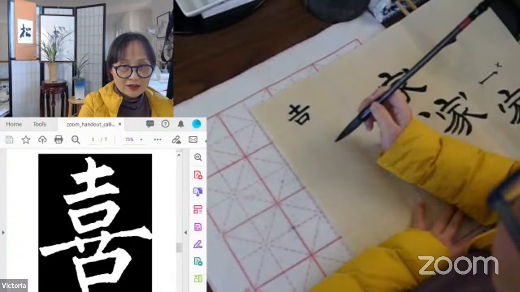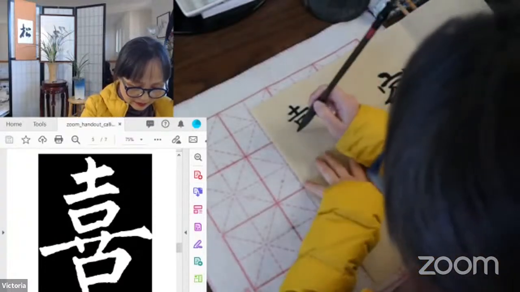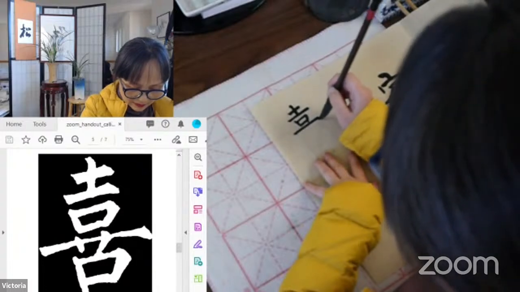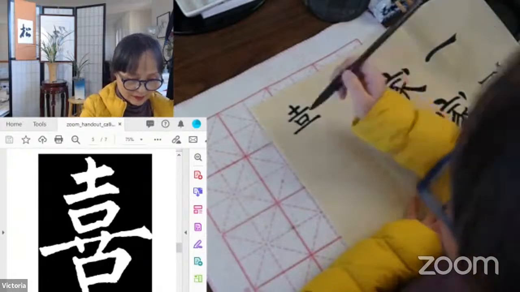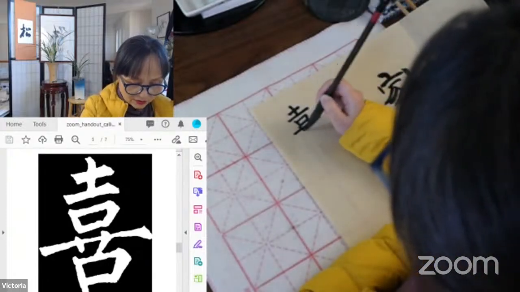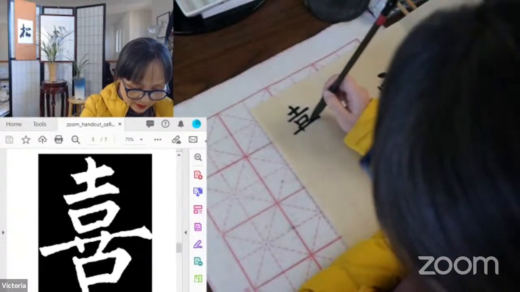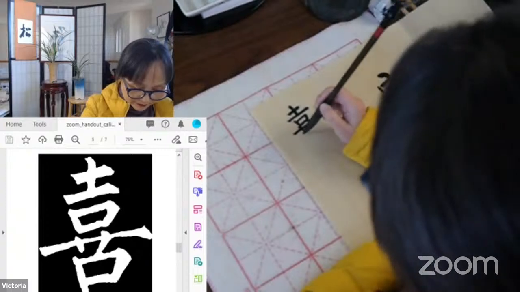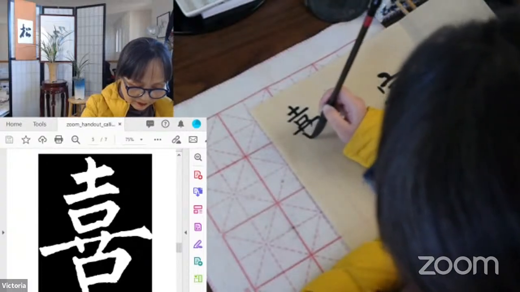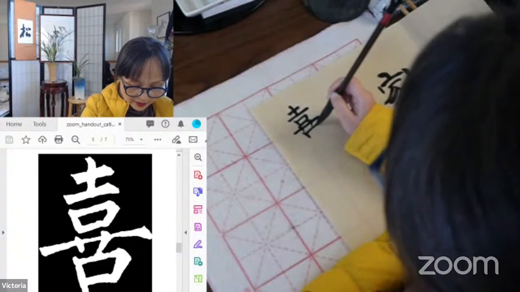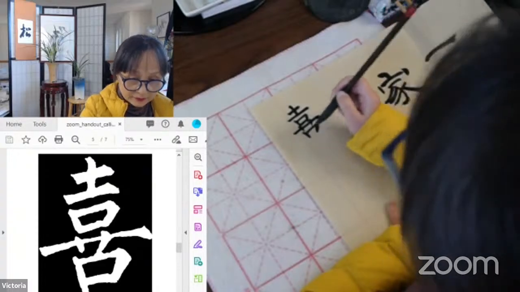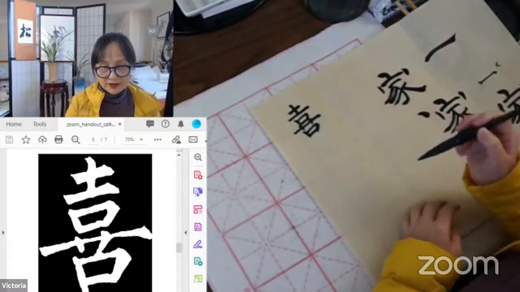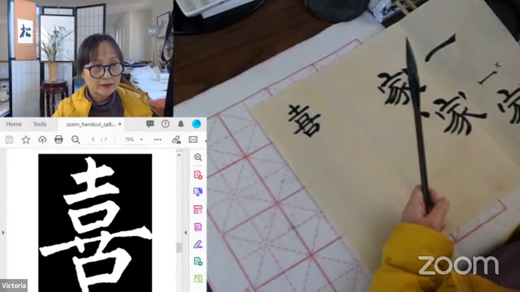And then here goes the longest stroke, and two small horizontal strokes with some radicals here, like the grass top, right? And then the mouth at the bottom. So here's the standard style for happy.